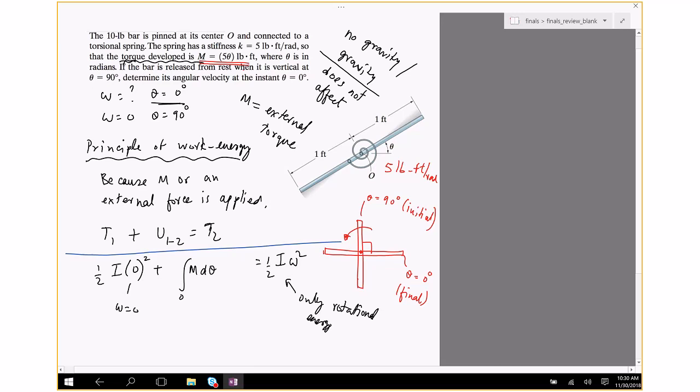Initially it's 0. Final is pi divided by 2. M is counterclockwise, so it's positive, and theta d theta is... is it initial 90? Oh, my bad. So I wrote it. Yeah, my bad. So it's not right. Should be 0 to pi by 2 to 0.